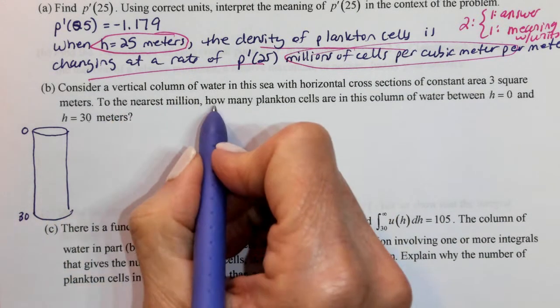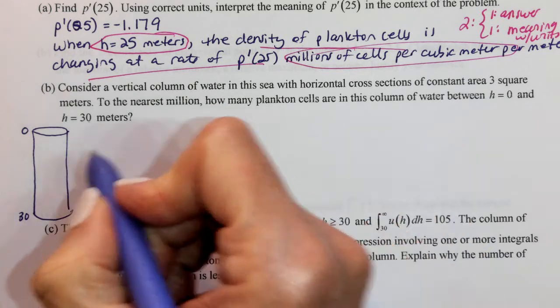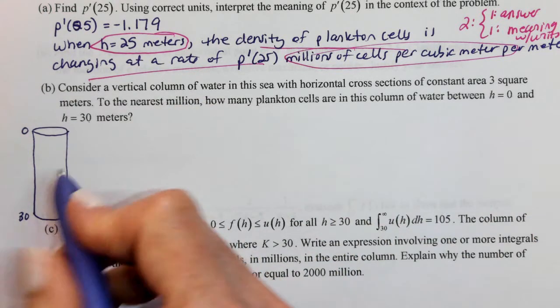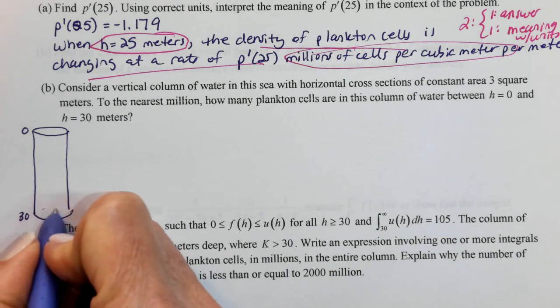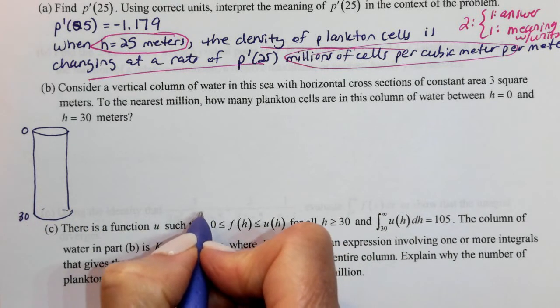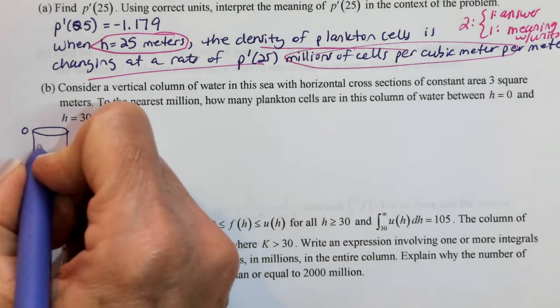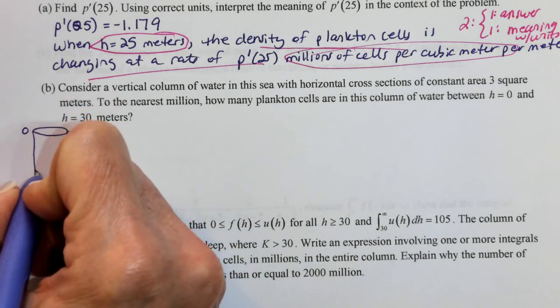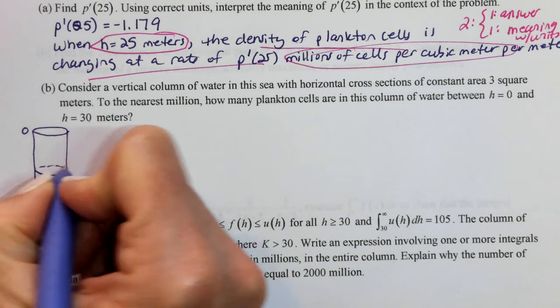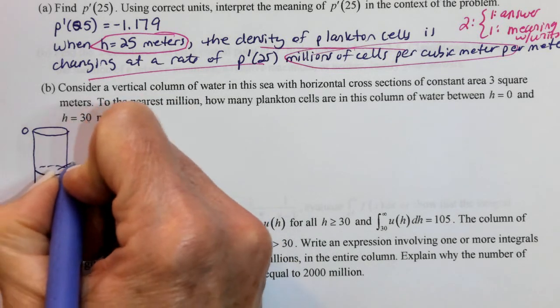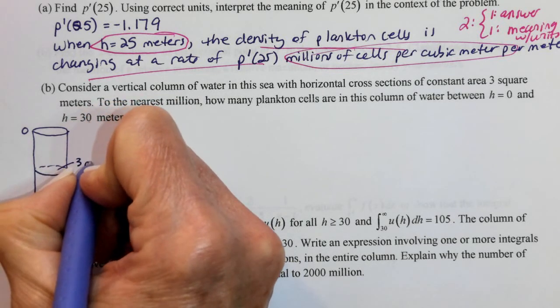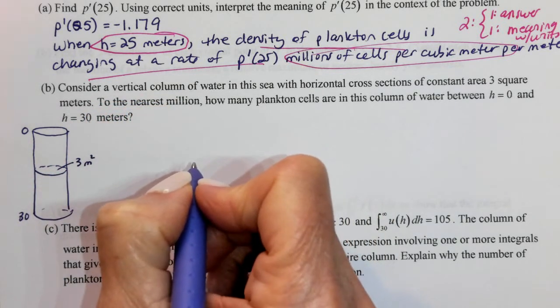To the nearest million, how many plankton cells are in this column from 0 to 30 meters? Okay, I know that each cross section has an area of 3 meters squared.